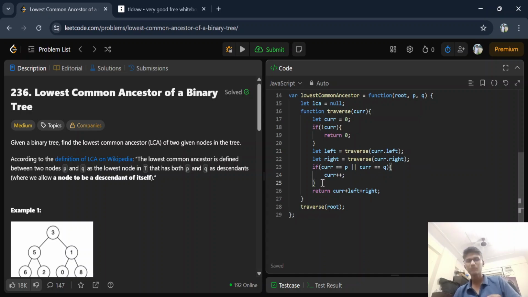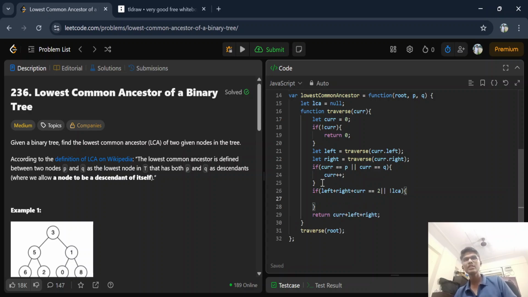Now I have to do one more thing. If at any time our left plus right plus current is equal to 2, and my LCA is not valid for the first time, my LCA will not be valid.